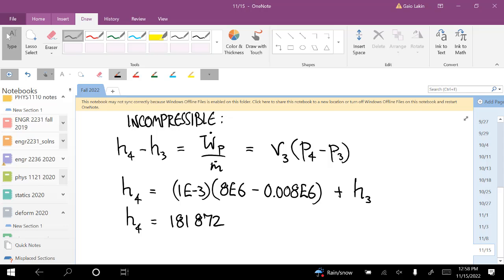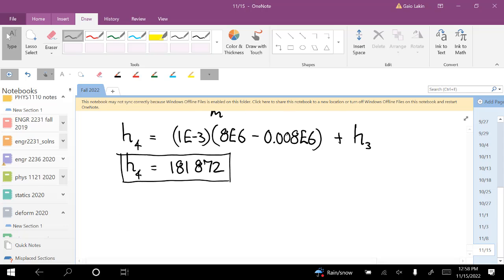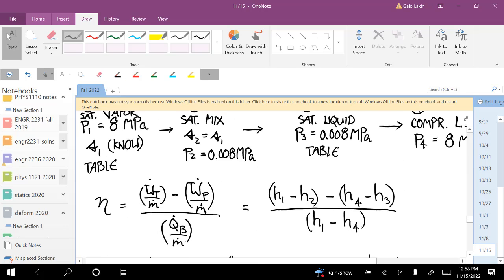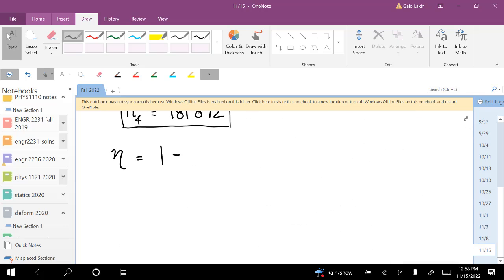Okay, so there's H4. And so now we have the specific enthalpies at each of those 4 states. And our thermal efficiency is 1 minus whatever I just said before: H2 minus H3 over H1 minus H4, was it?